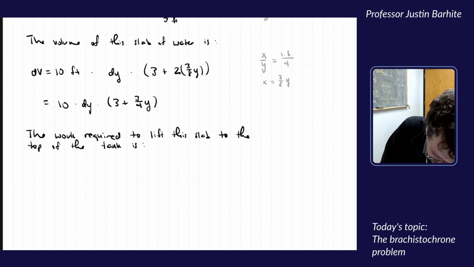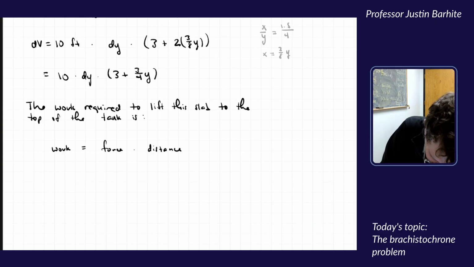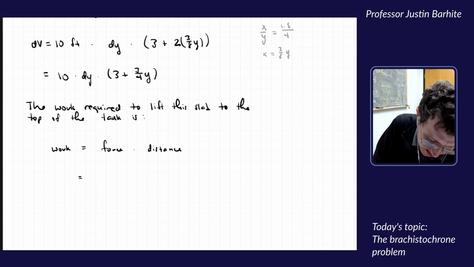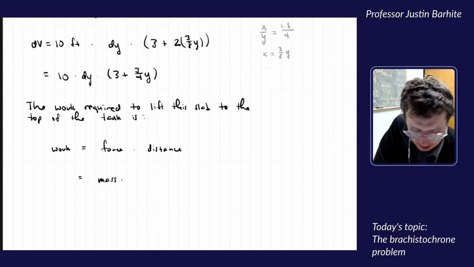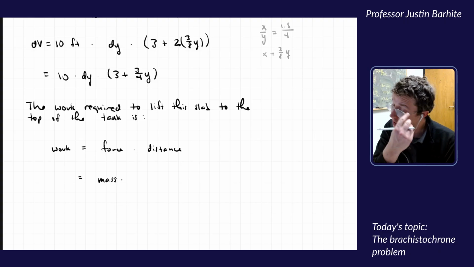Well, work is force times distance. Force is the weight, because we're counteracting the gravitational force. Sorry, I said mass times weight, but that's not right. The force is the weight.